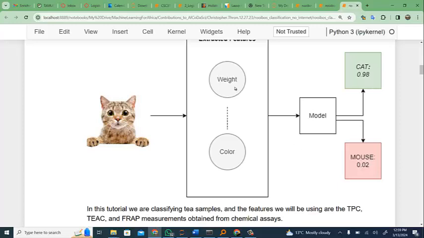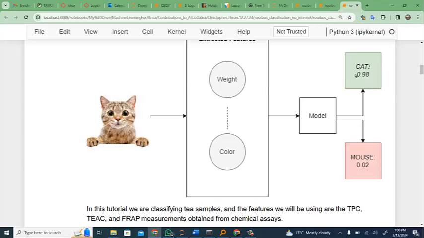Now, of course, weight will count more than color, but here you have an orange animal that perhaps weighs 1 or 2 kilograms, and your model tells you that this is a cat with 98% probability and a mouse with 2% probability. So that's one representation of how classification may work.